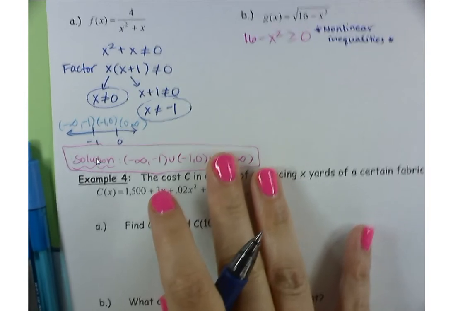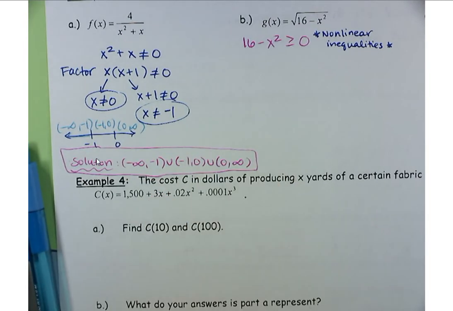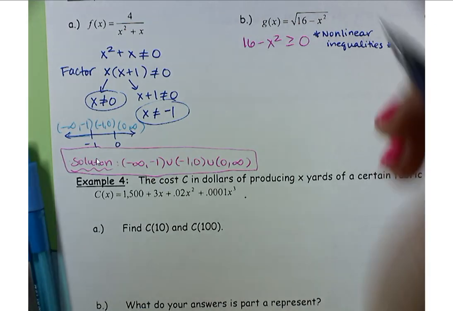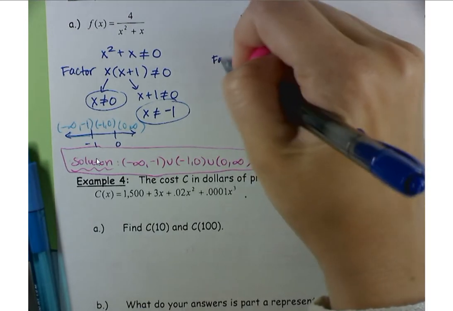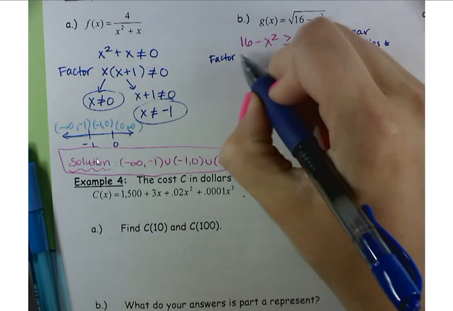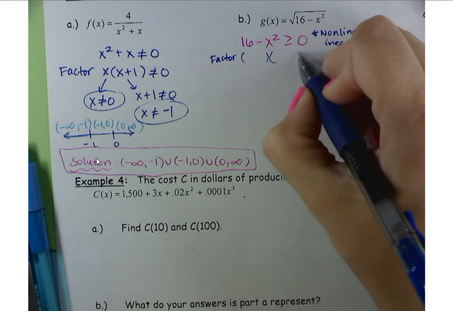Or do you guys remember what section we did these in? The nonlinear inequalities? You didn't have the radical. You would have just been given this. We did it in 1.7. You guys just took your test on that part, right? If it is nonlinear, then the first step was to move everything to one side, and then the second step was to do what? Factor. So that's what we're going to do, we're going to factor. And this is a special pattern.